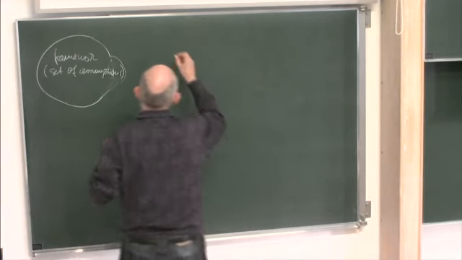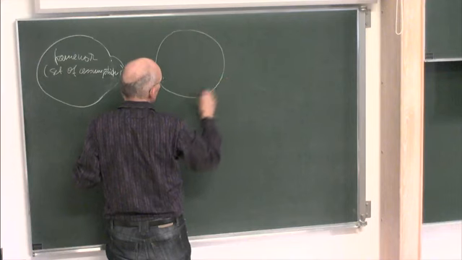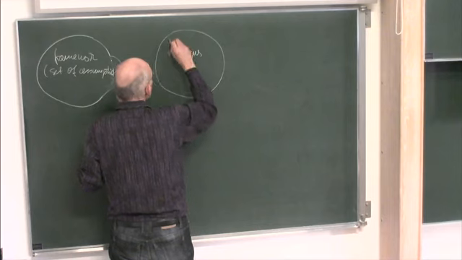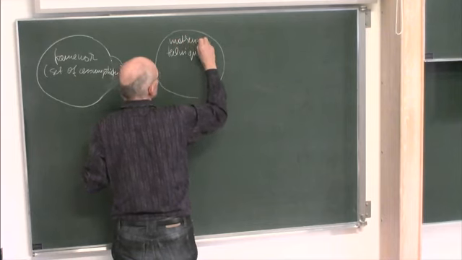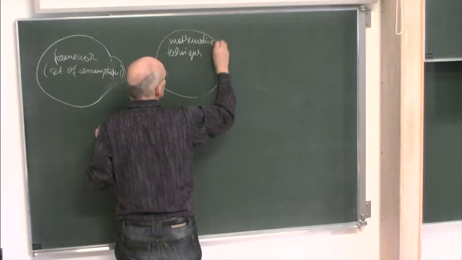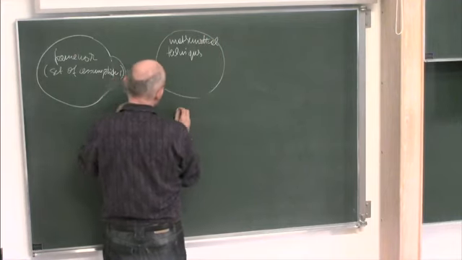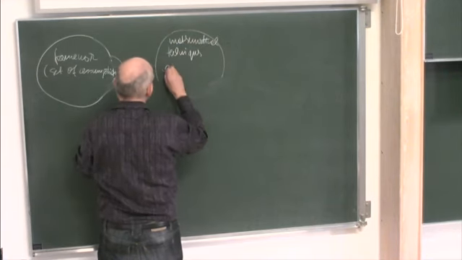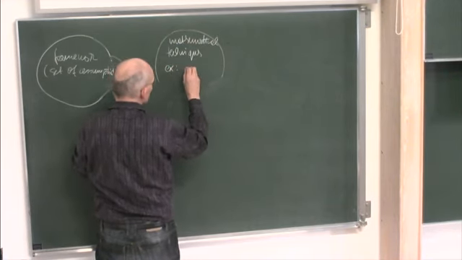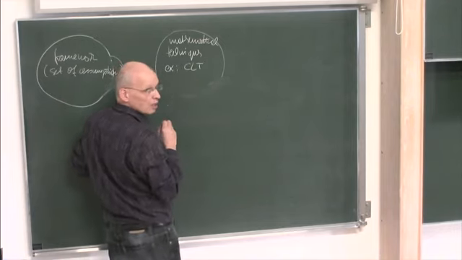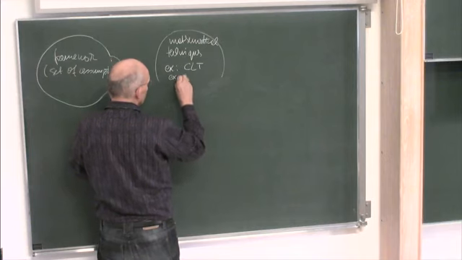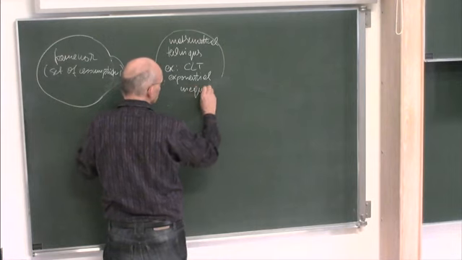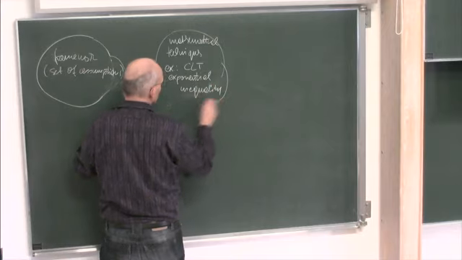And then in the second stage you have the world of techniques. And here I mean mathematical techniques. Examples, to understand what I'm talking about, are a central limit theorem and an exponential inequality. Right?